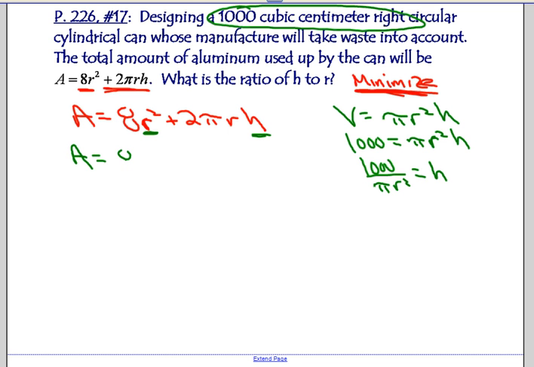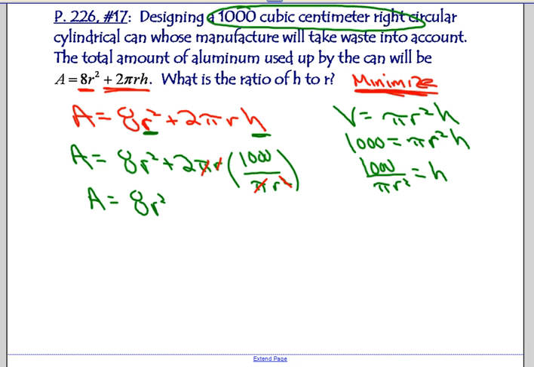Area is 8r squared plus 2 pi r times 1,000 over pi r squared. We can simplify that a little bit. The pi's cancel out, one of the r's cancels out.